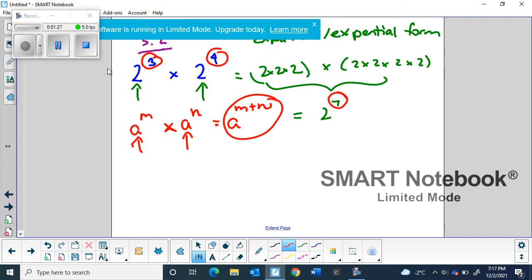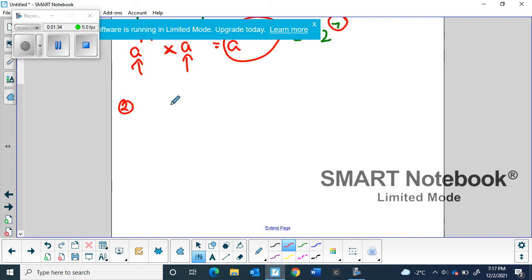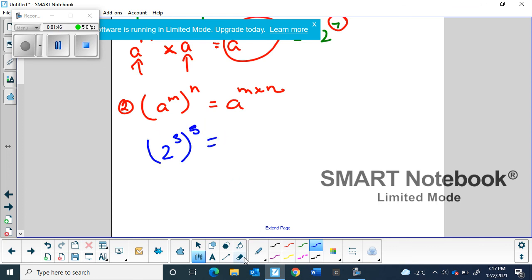The next rule, we'll label that rule number 1. Rule number 2, we see in the form (a^m)^n is a^(m times n). And so if we do an example, 2 to the exponent 3 in brackets to the 5, let's choose a smaller number actually, so it's a bit easier. So that means we have (2^3)^2.